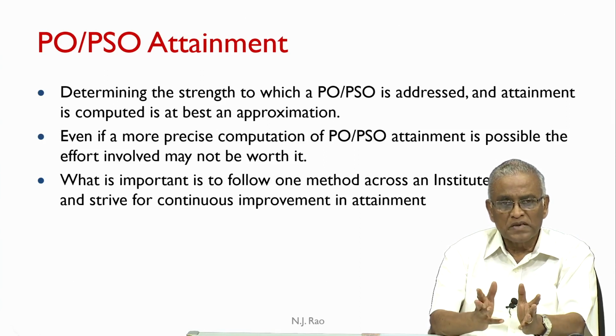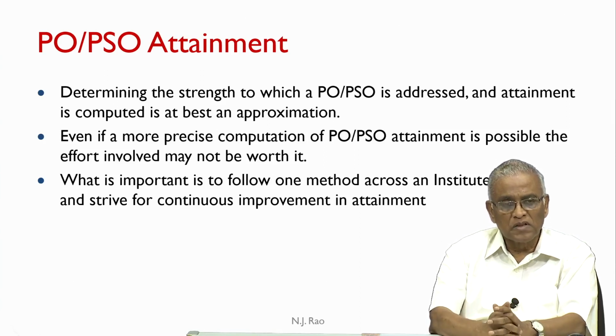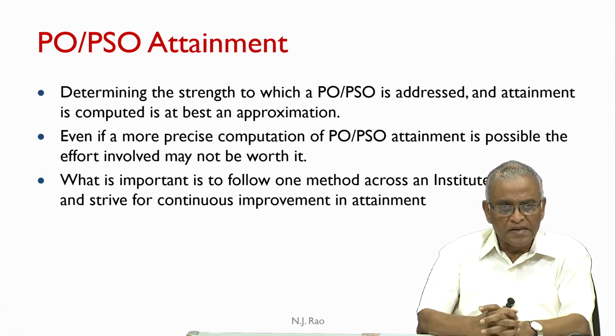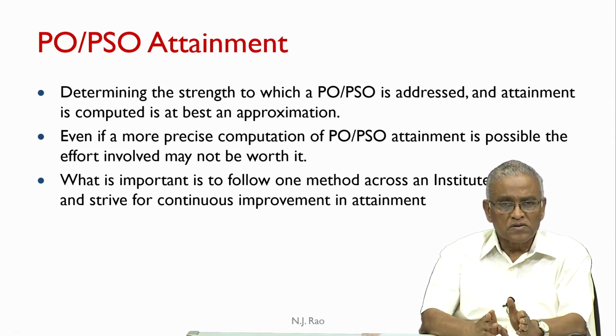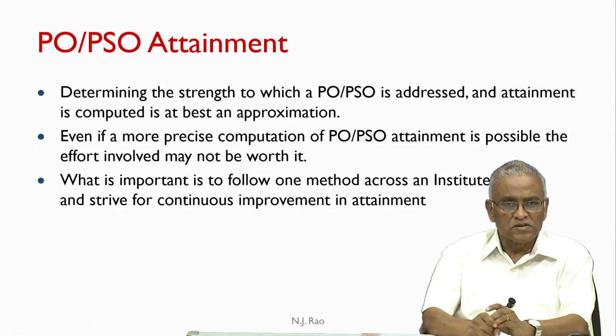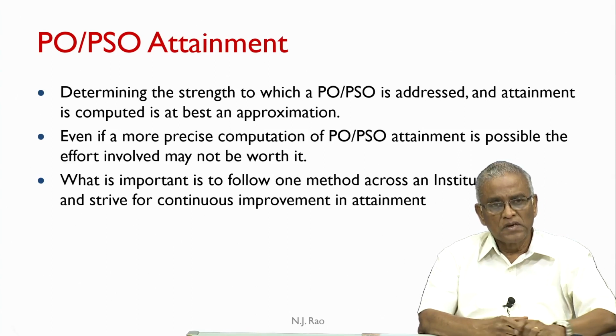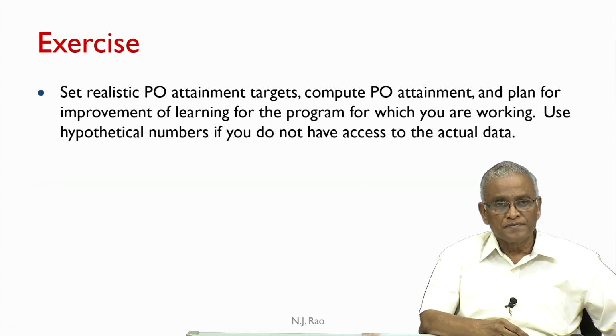Even if more precise computation is possible, the effort involved may not be worth it. It is not going to throw any extra light on anything. What is important is to follow one method across an institute and strive for continuous improvement in attainment. That is the most important part.